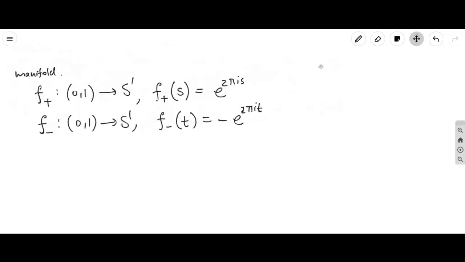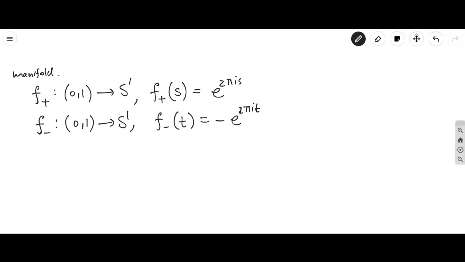And to remind you how this goes, the positive chart, f plus, takes the interval from 0 to 1 and wraps it around the circle like this. So this is going to be the point which is missing, and the negative chart takes this open interval and wraps it like this.